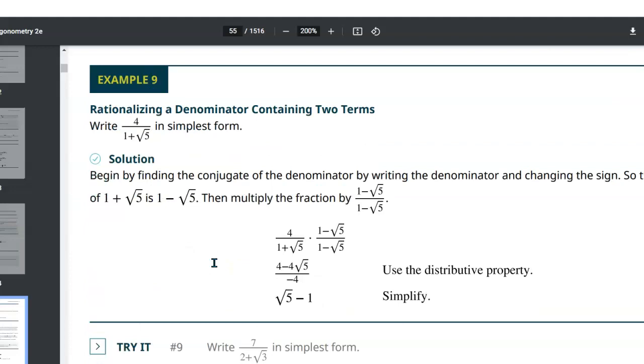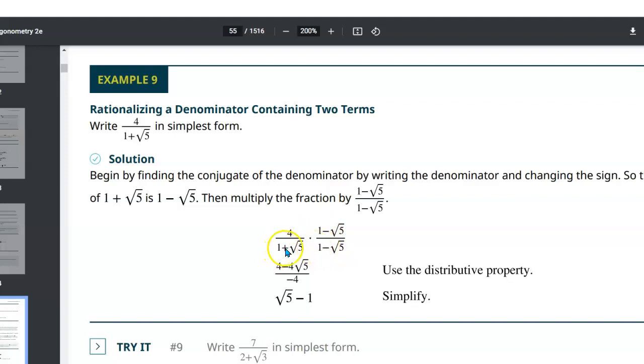Example 9. Now, this time it's more convoluted. You've got to do a thing called the conjugate. You negate the middle. And here you can't wish the negatives away, right? So you multiply by 1 minus radical 5, the conjugate of the 1 plus radical 5. But what you do at the bottom, you've got to do at the top because you want to multiply by 1 here and here.